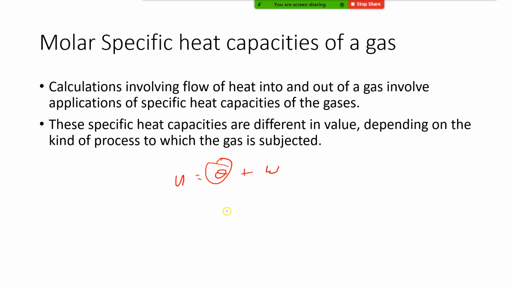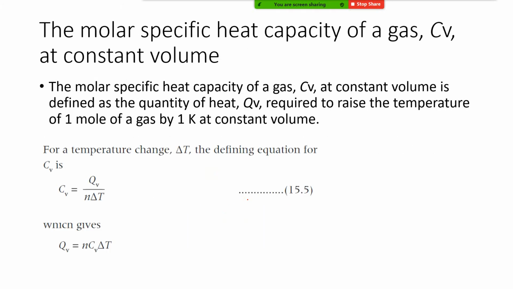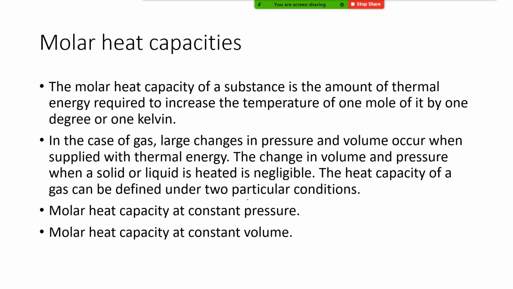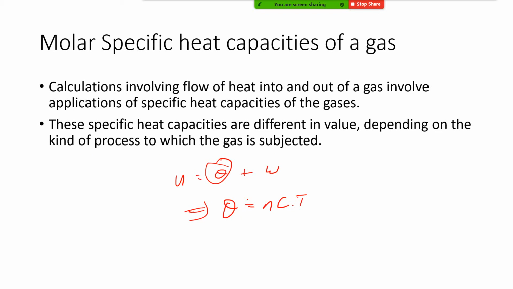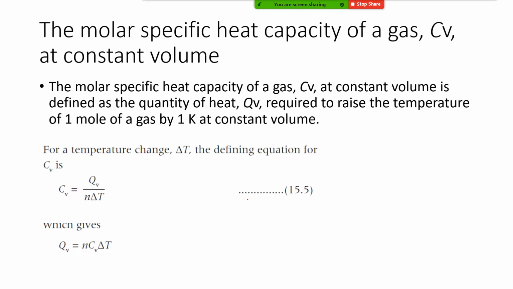Now you're going to realize that Q is the heat supplied to the system. We can find the heat using a formula that says n C times the temperature, I believe. I don't remember it exactly, but we're going to introduce this formula eventually, where we can find the heat that is added to the system.